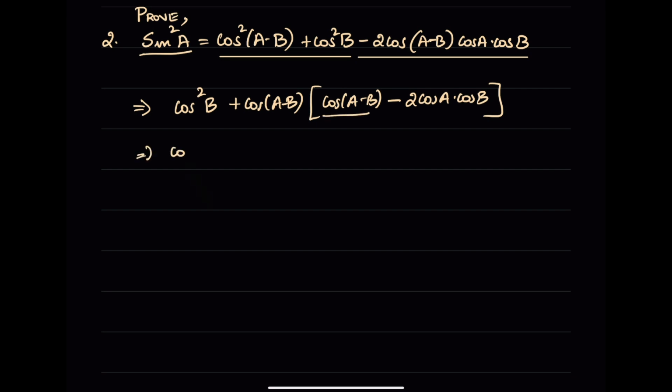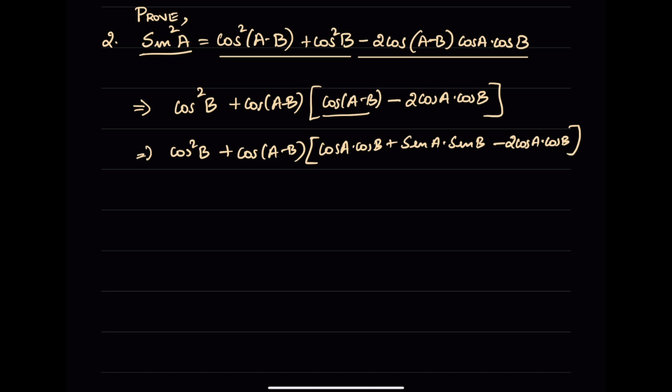So this would be cos square b plus cos of a minus b, and this would be cos a cos b plus sin A sin B minus 2 cos A cos B. Now let's subtract this.